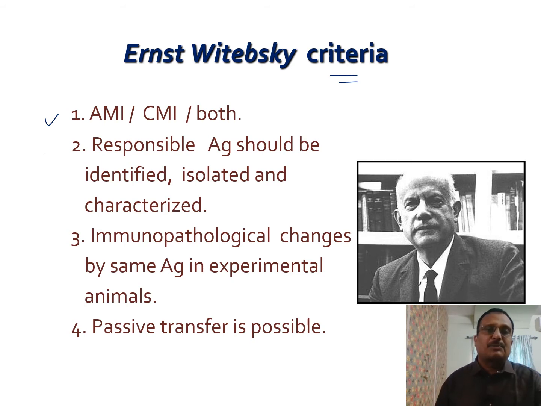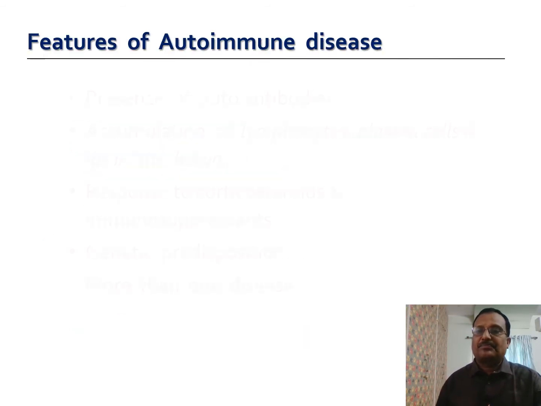Then the responsible antigens should be identified, isolated, and characterized. Third, immunopathological changes by the same antigen should be induced even in experimental animals. And fourth, since it is mediated through the antibodies, passive transfer should be possible. Then only we can say that it is of autoimmune etiology.